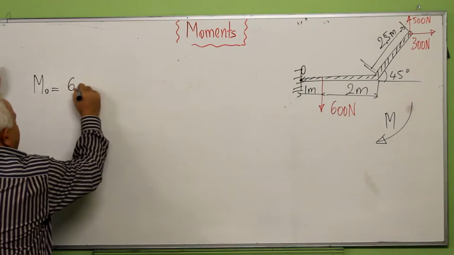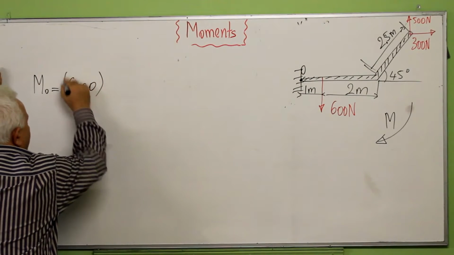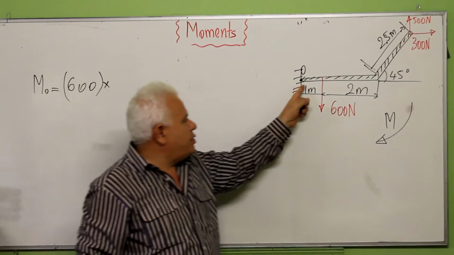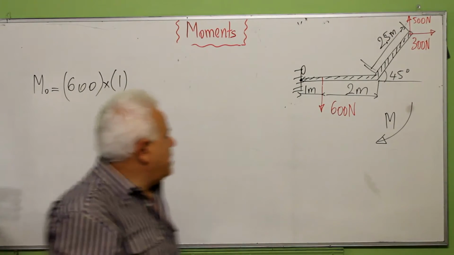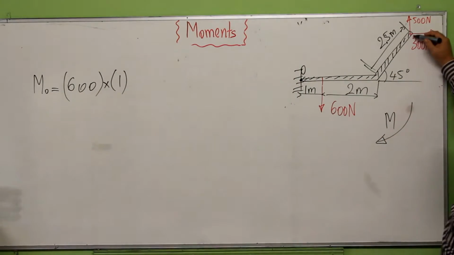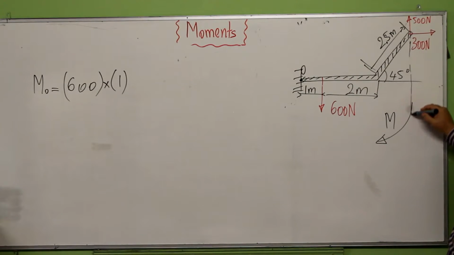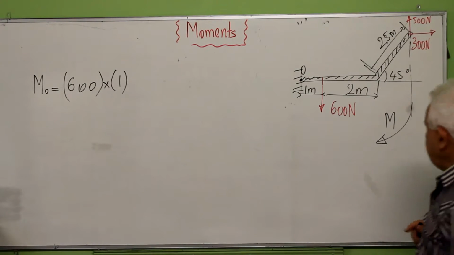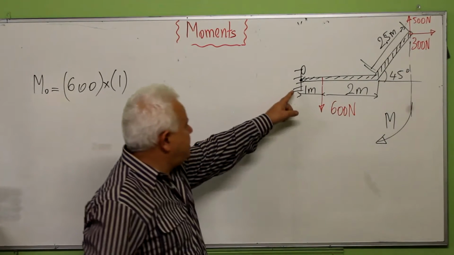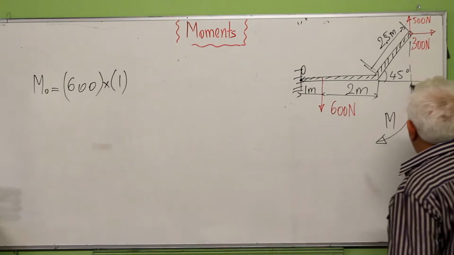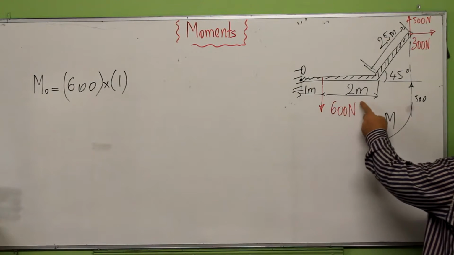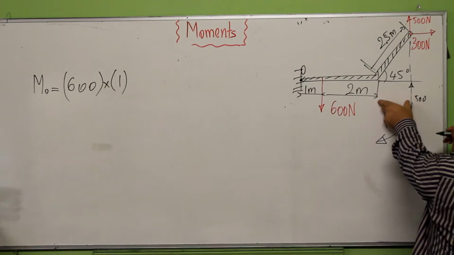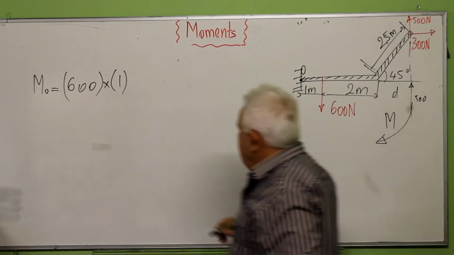Force is 600 newtons times the distance from the point O, which is 1 meter, plus this force, its line of action is here, and the distance that separates this force of 500 newtons is 1 meter plus 2 meters plus this distance d.